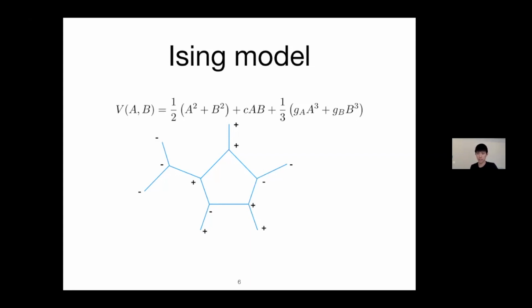So for example, in the Ising model, the search space has dimension 2. And you can take as a basis trace A and trace A squared. Once you know trace A and trace A squared, I believe you can determine all correlation functions from these two values.